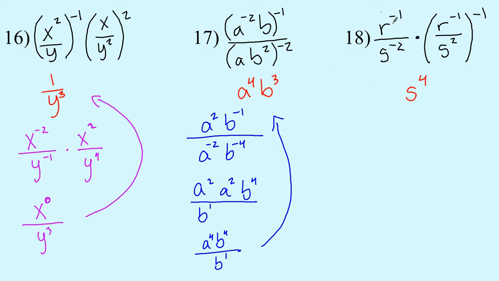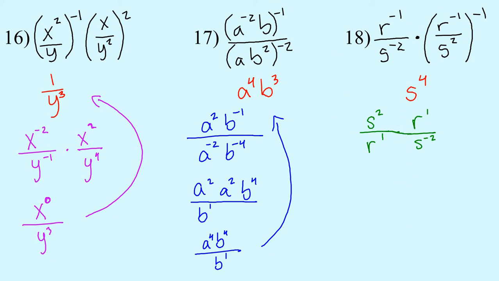All right, 18. I don't like these negative exponents, so I might as well just go ahead and flip those. So s squared over r to the 1st times, I'm going to distribute, so r to the positive 1 over s to the negative 2. Since I'm multiplying, I can multiply straight across.